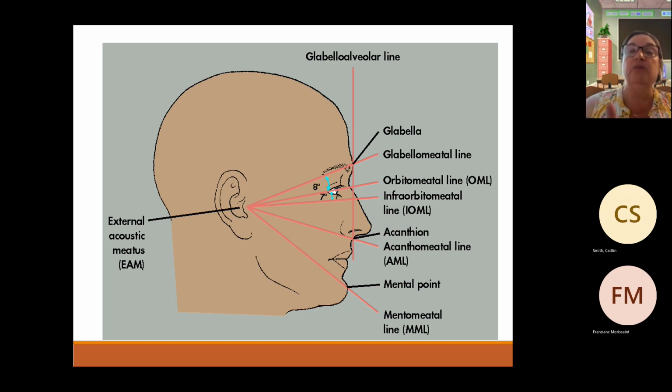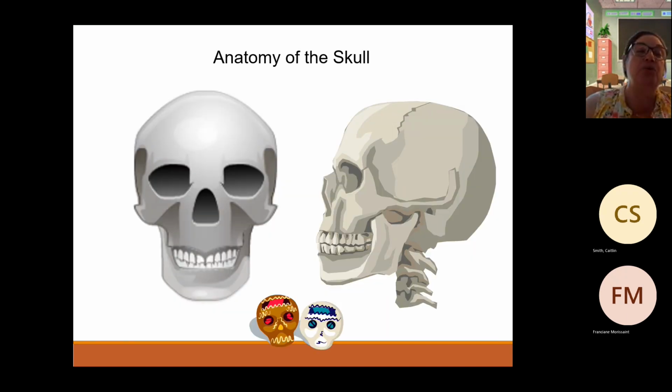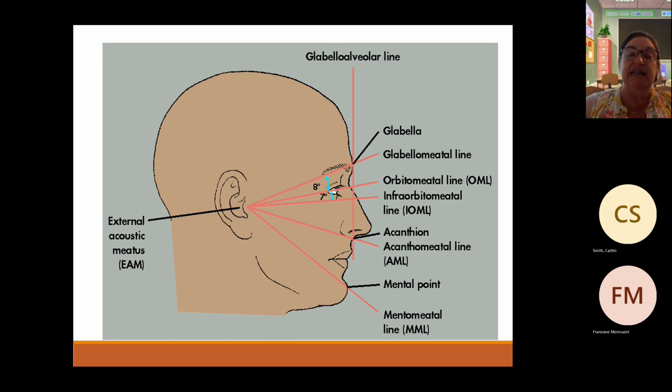Now, a very important note is that the orbitomeatal line, the OML, and the infraorbital meatal line have a 7-degree difference between them. The reason why it's so important is because if the patient cannot tuck the chin enough to get that orbitomeatal line perpendicular, then we jump to the infraorbital meatal line, which means our central ray has to change angulation.